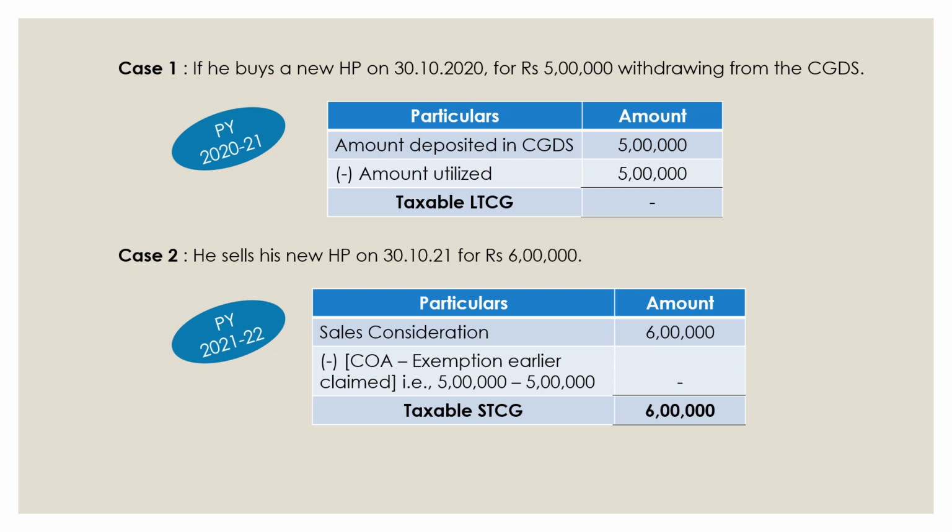So if you go to the previous slide, we can find that the exemption under section 54 which Mr. Raj had claimed depositing in CGDS, that amount was the exemption. That amount needs to be taken back. Now how will you take it back? You take it back from the cost of acquisition. And so 5 lakhs minus 5 lakhs. So nil will be reduced here, giving totally short-term capital gain which is taxable will be 6 lakhs. I hope you understand this slide.